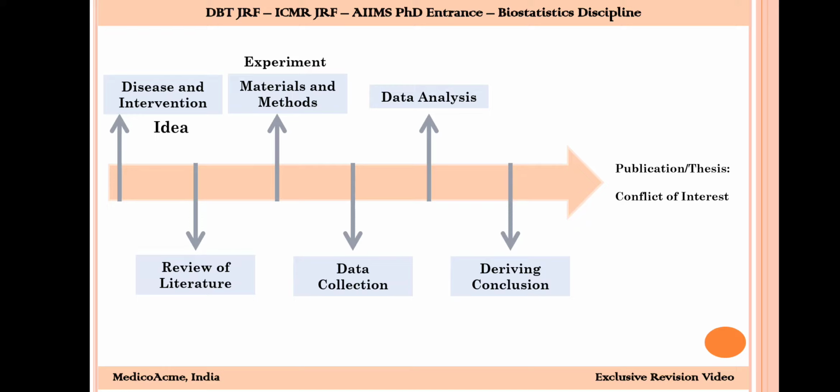So disease and intervention become important, because patients should be cured at the end. So it is very important to know where the idea originates. Suppose in anyone's mind an idea about research comes, and he or she wants to do the research in a medical college, then that is revolving around the disease.